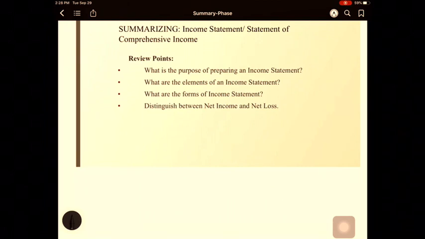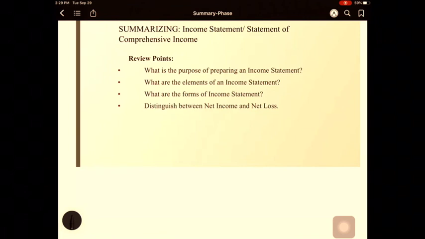So there, review points in preparing an income statement. Of course, you have to know the purpose. Why do we prepare an income statement? We have answered that a while back. What are the elements of an income statement? We are already able to identify those. What are the forms of an income statement? We just prepared income statements using both your nature of expense and your function of expense, so you should know that already.